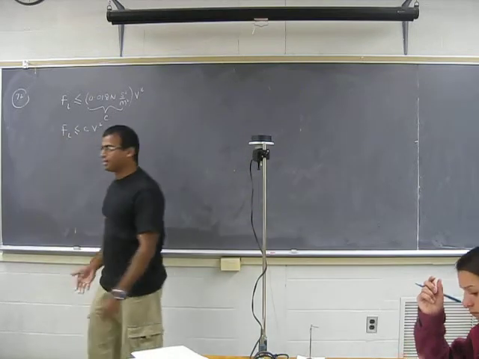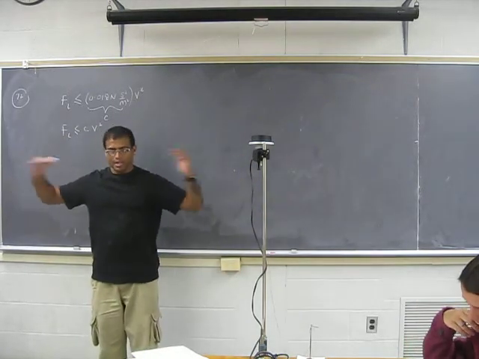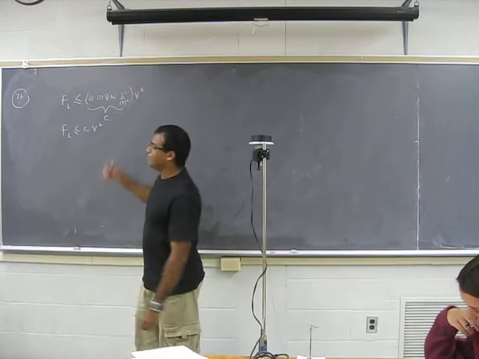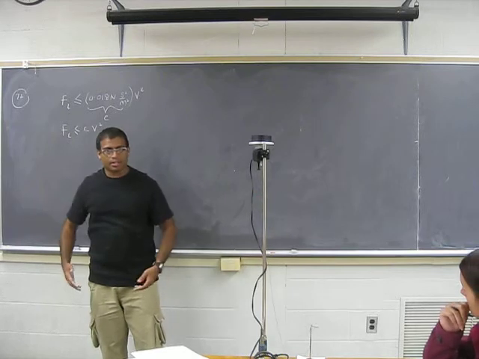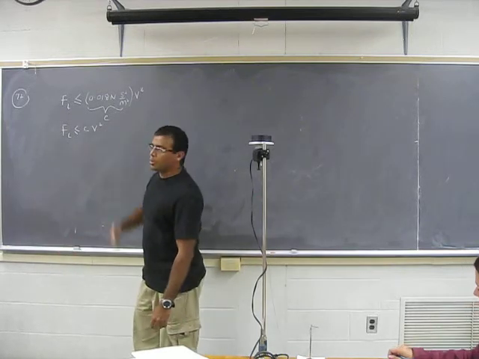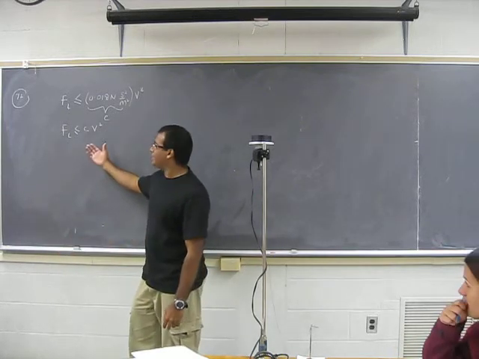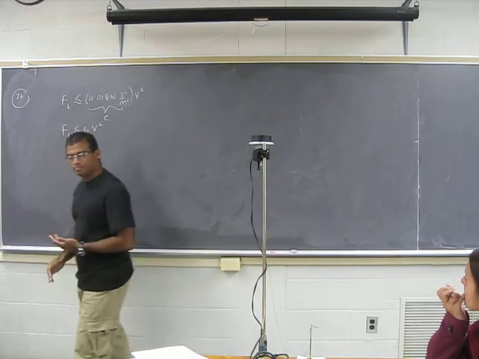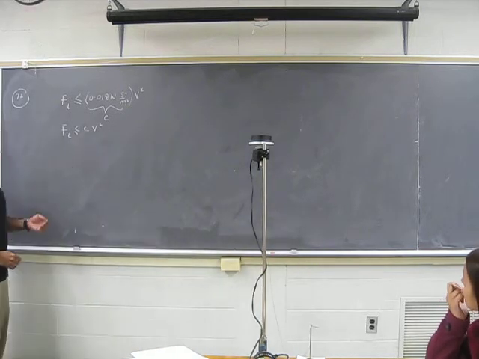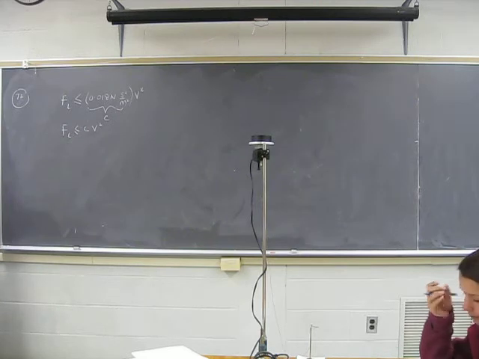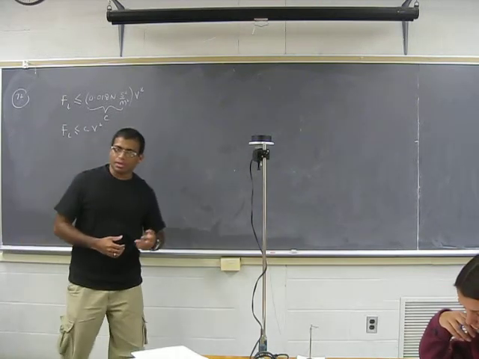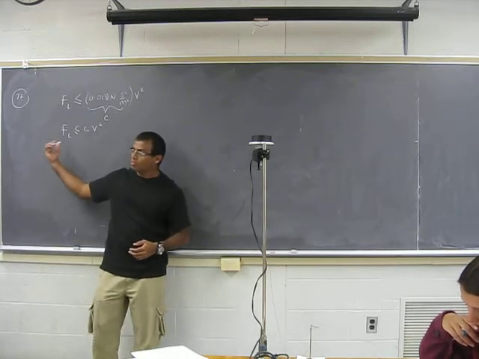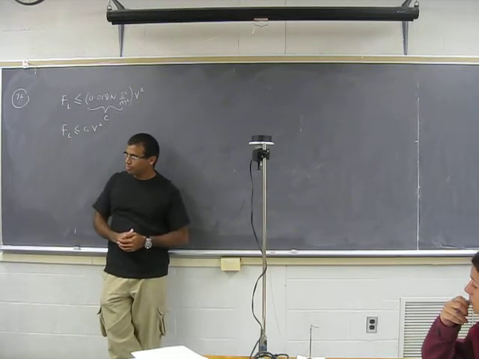In this case, the bat is using its wings and it's moving forward with a velocity v, and using the air around it and the wings it's creating a lifting force upward. Okay? So now the question is, if I go at a particular velocity, am I always going to get a lifting force?